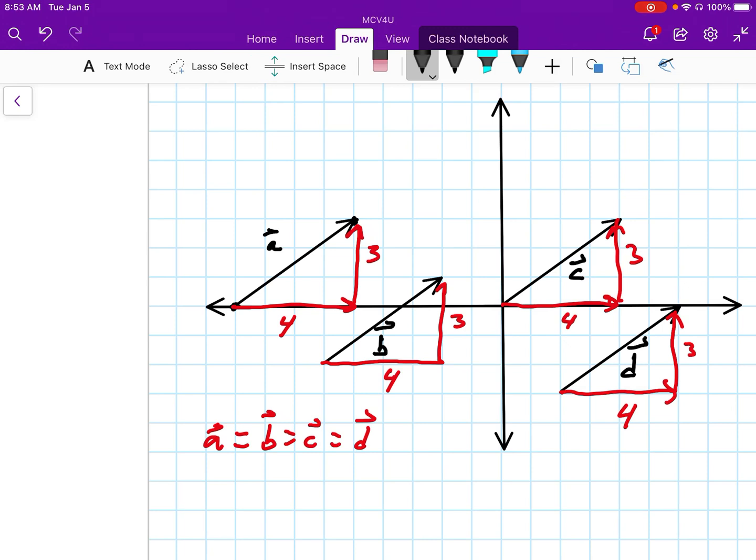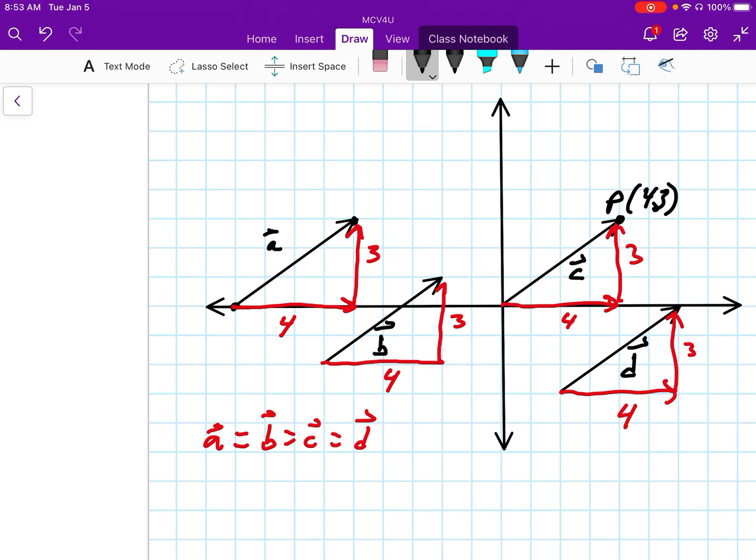So to convert these, because we have a direction when we say we're going to go 4 to the right and 3 up, since we're on a grid, we have these coordinate points. If we look at, let's say, the head of C, vector C as P, the coordinates there are 4 and 3.